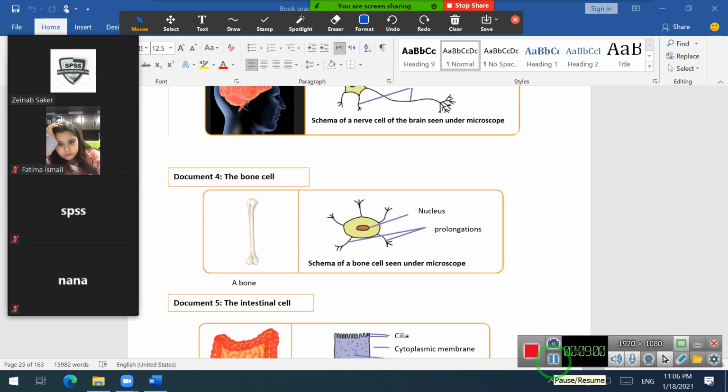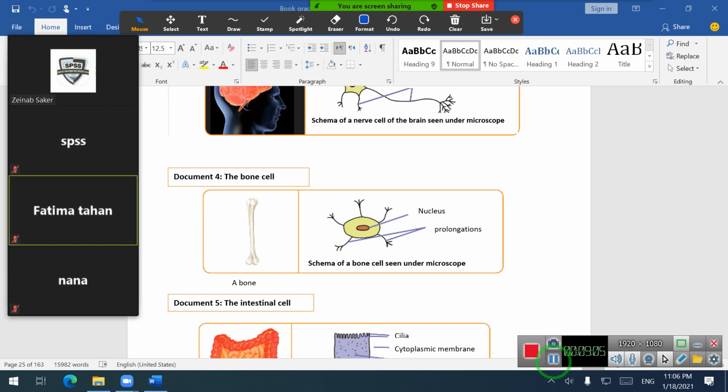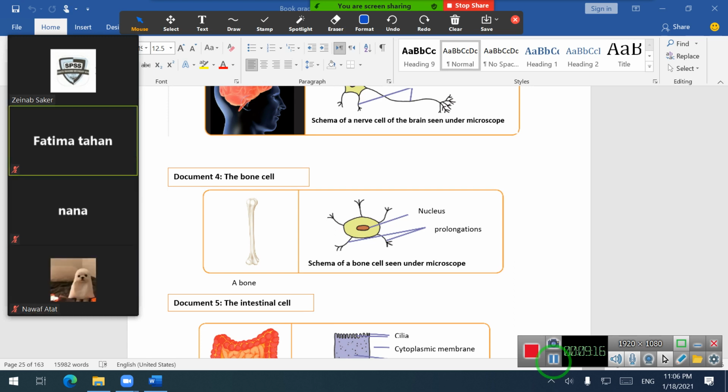But the nerve cell, for example, controls the body movement or all the body actions. The muscle cell allows your body to move. The bone cell supports your body. Each cell of an animal or a human has a different size, different feature, different structure and different function.